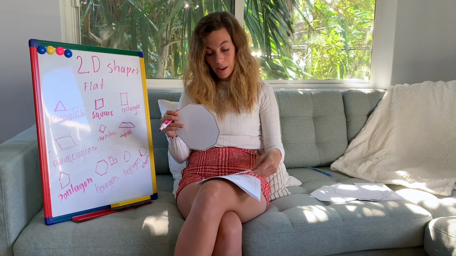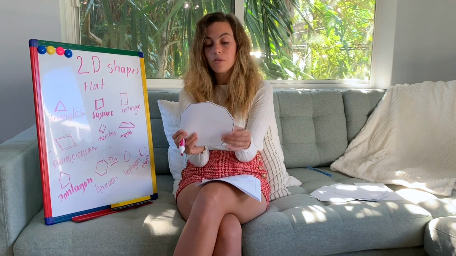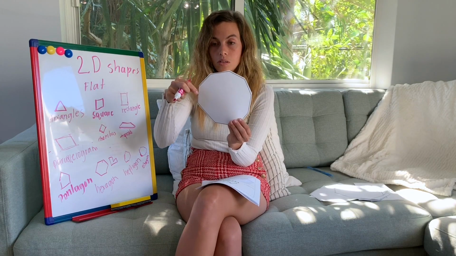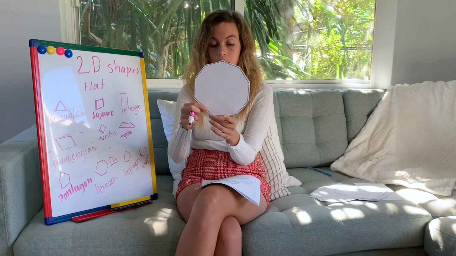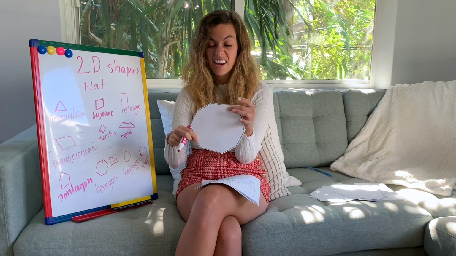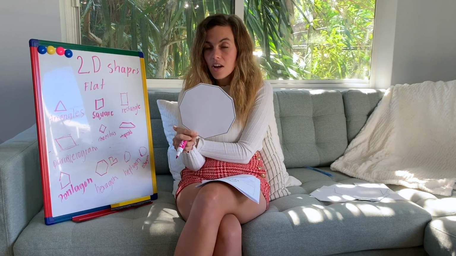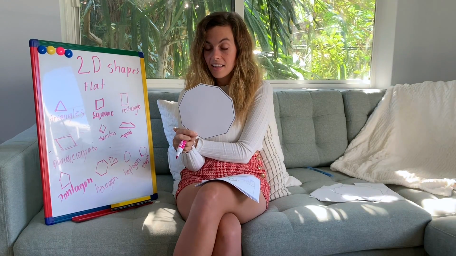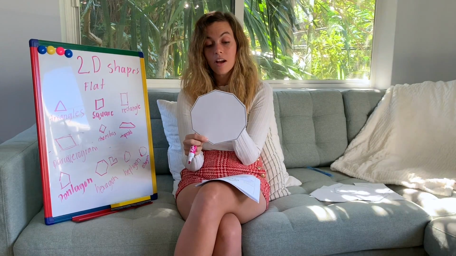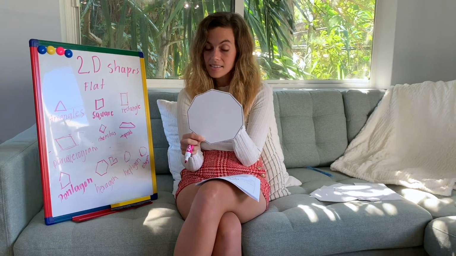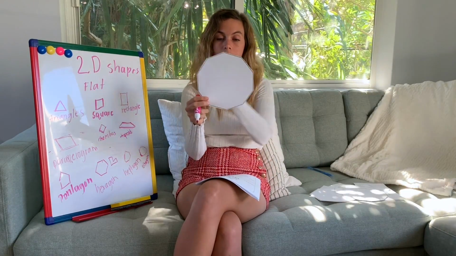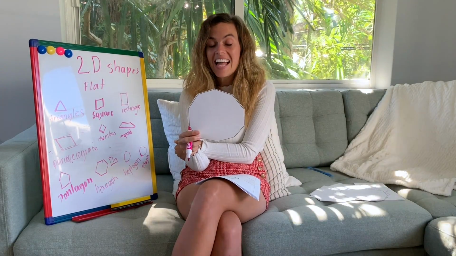The next two I'm not going to draw on the board because I don't have room. But our next shape has 1, 2, 3, 4, 5, 6, 7, 8, 9 sides. And this is called a nonagon. It has 9 sides. Same thing with the heptagon, there are some coins that are nonagons. And our last one that we're going to talk about today is a decagon.